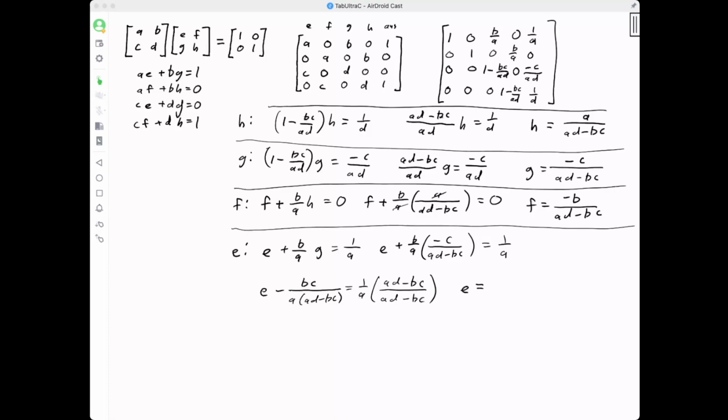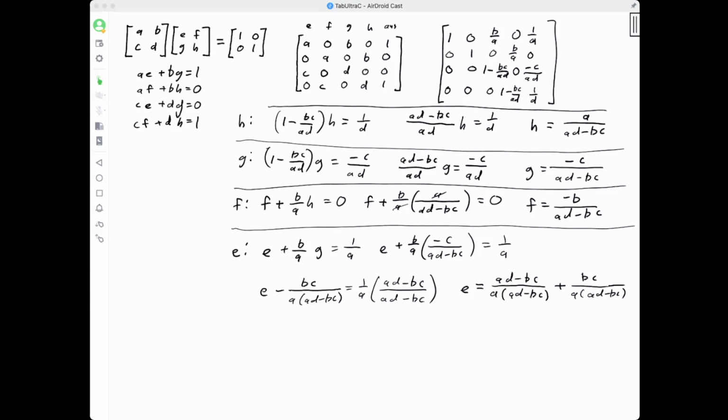is equal to, on the right-hand side, AD minus BC over A times AD minus BC, plus, because I'm adding the BC over A times AD minus BC to the right-hand side, plus BC over A times AD minus BC.